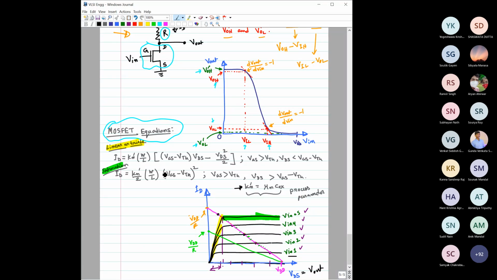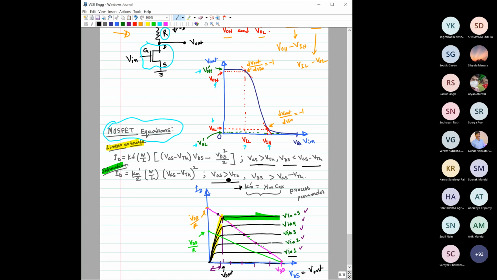So here, what is VGS for this linear region? Here, VGS is obviously greater than threshold voltage. That's why the transistor is on. And VDS is less than VGS minus VTH. It is below the saturation, like VD sat. And in saturation, the equation will slightly change and it becomes Kn dash by 2 W by L (VGS minus VTH) squared.